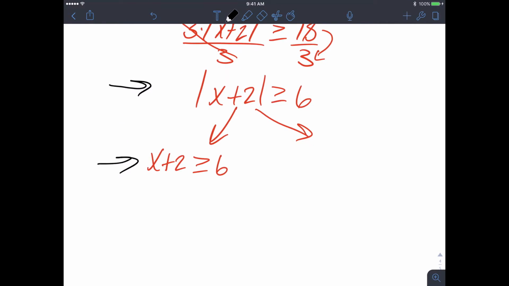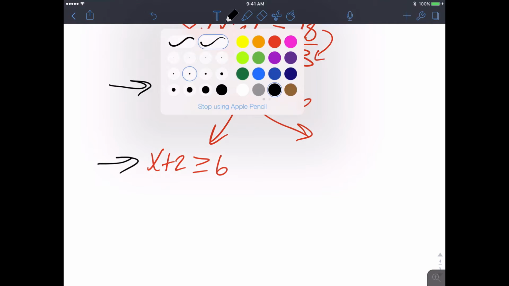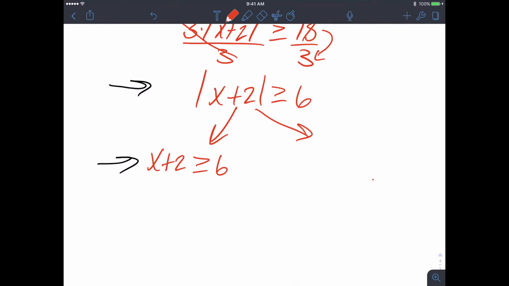But if we're going to make this negative 6 over here, then we have to flip the sign, because we just turned it into a negative. I'm not going to go too in depth into it. That could be for another video, okay? And we'll do x plus 2.